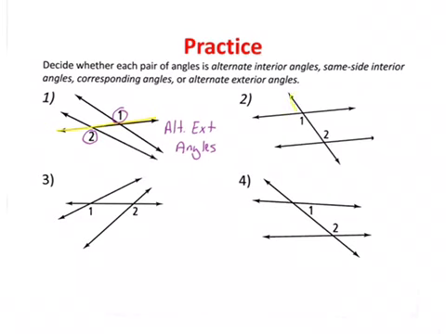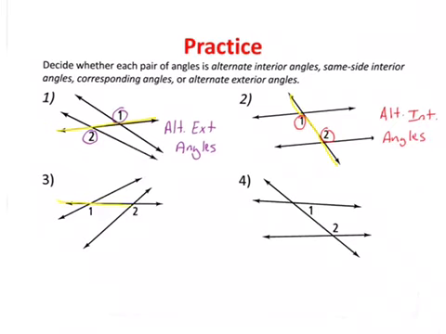For 2, I've got my transversal. My 2 angles are inside, or the interior, and they're on opposite sides. So this is alternate interior angles.